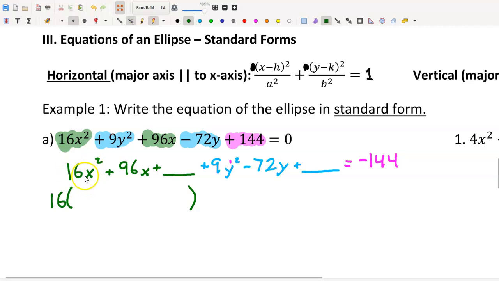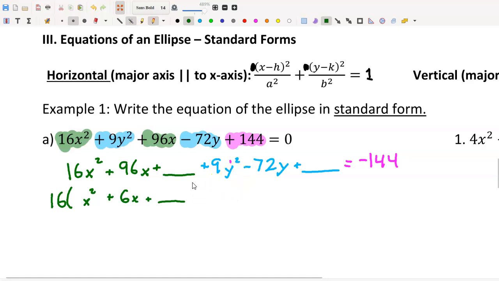So you take the 16 away from 16x squared, you're just left with x squared. You take a factor of 16 from 96, or 96 divided by 16, same thing. You get 6. And now it looks like something we can factor.